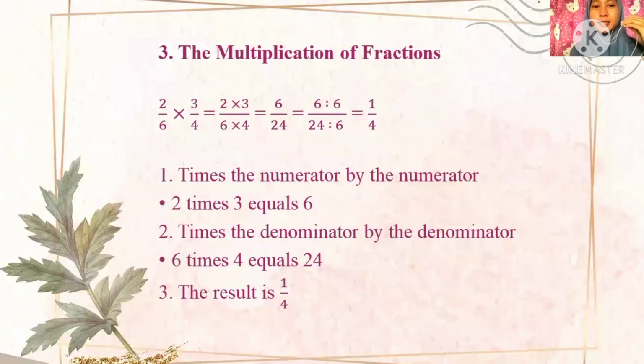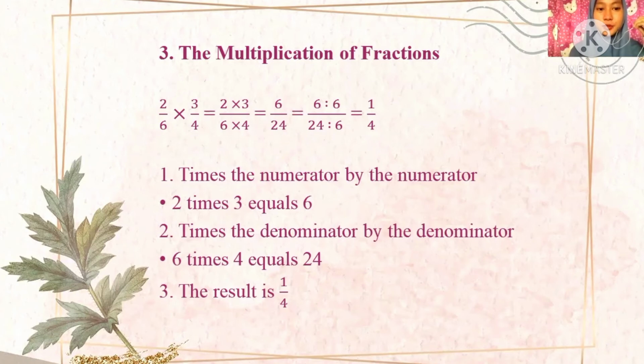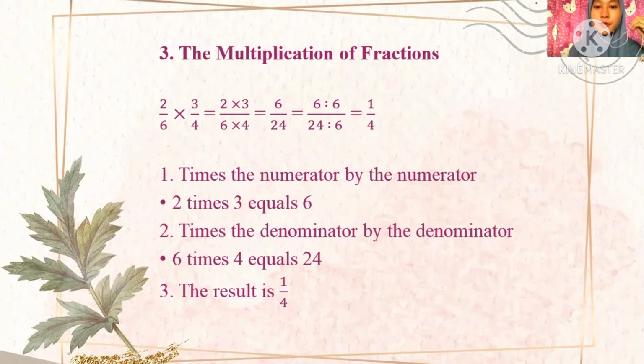See the multiplication of fractions. Multiply 2 over 6 times 3 over 4 equals 1 over 4.